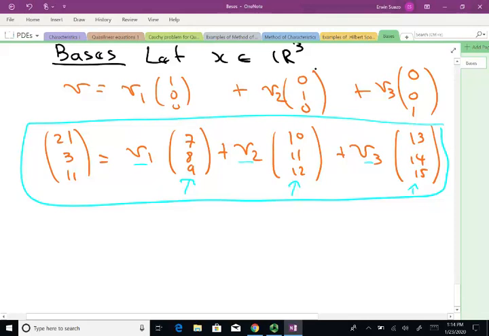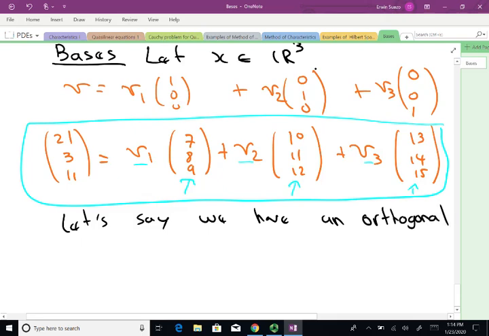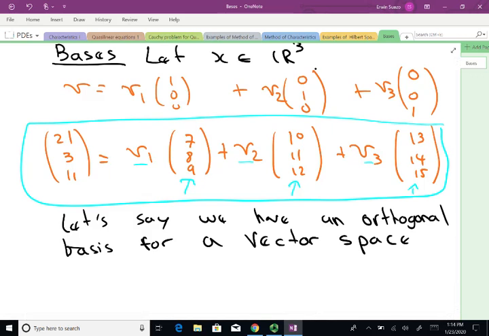Suppose I have a different basis. So let's go back to R3. Let's say we have an orthogonal basis, not normal, just an orthogonal basis for a vector space of dimension 6.